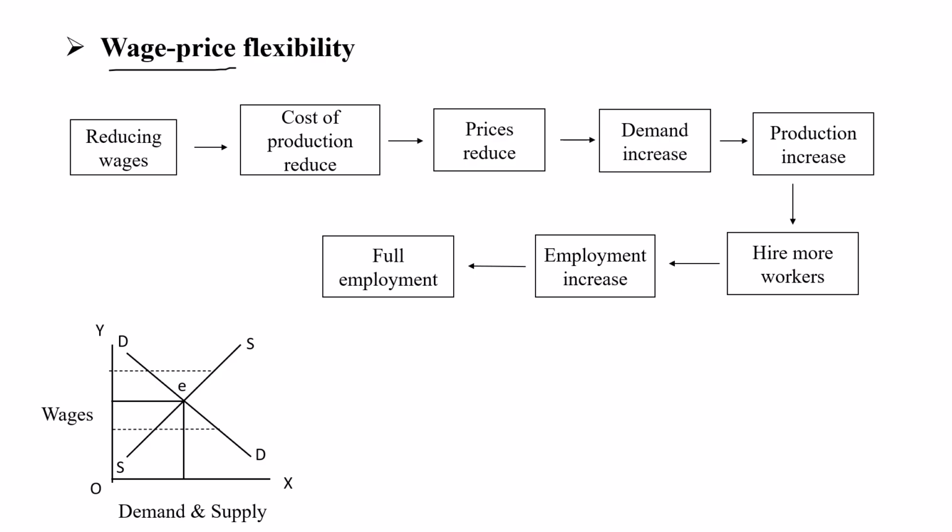Okay, and the next point is wage price flexibility. The second component is wage price flexibility. What does wage price flexibility mean? Wage means labor wages. By increasing or decreasing labor wages, the equilibrium or full employment level can be created, as per the classical economists. Suppose there is unemployment in the economy.